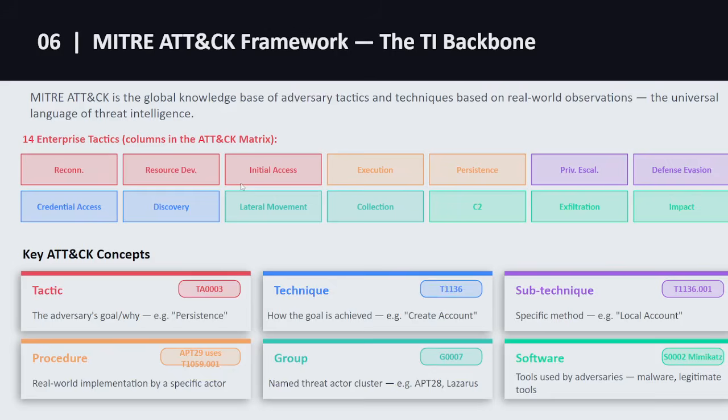Okay. Fifth one is persistence. So you run today. Okay. Tomorrow you are not able to run. Okay. It should not be the case. So maintaining a foothold here. So you will gain a foothold.